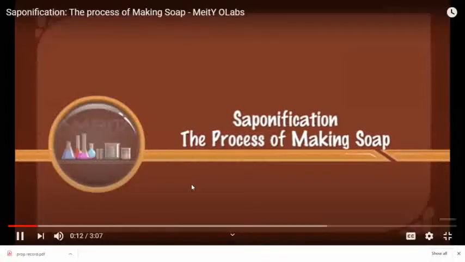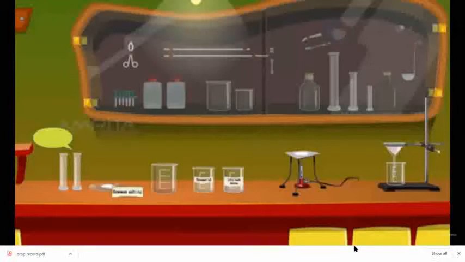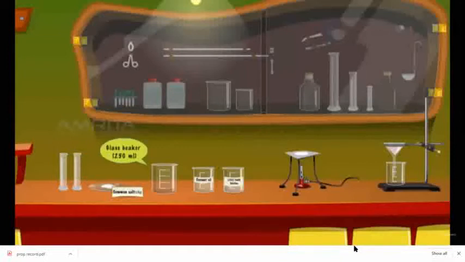Saponification, the process of making soap. We require measuring cylinders, common salt, glass beakers, coconut oil, 20% NaOH solution, a Bunsen burner, and a funnel.